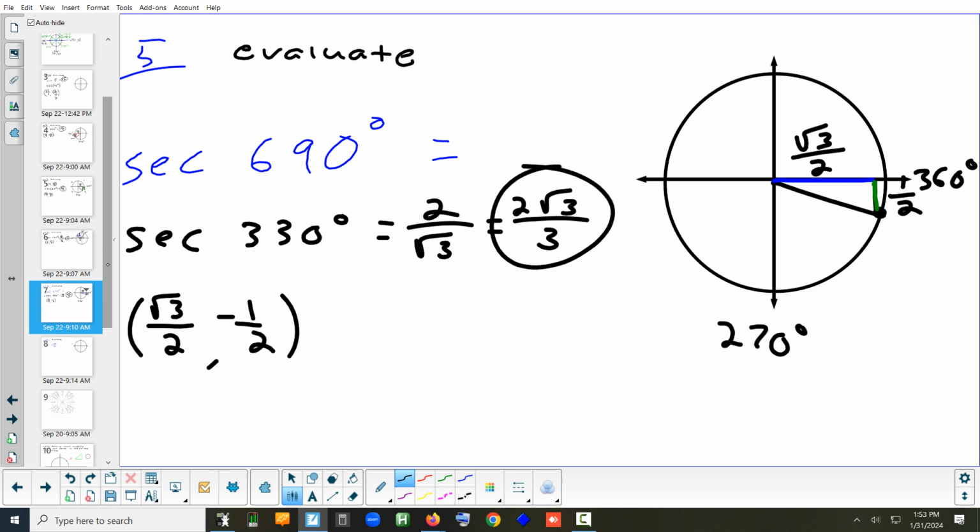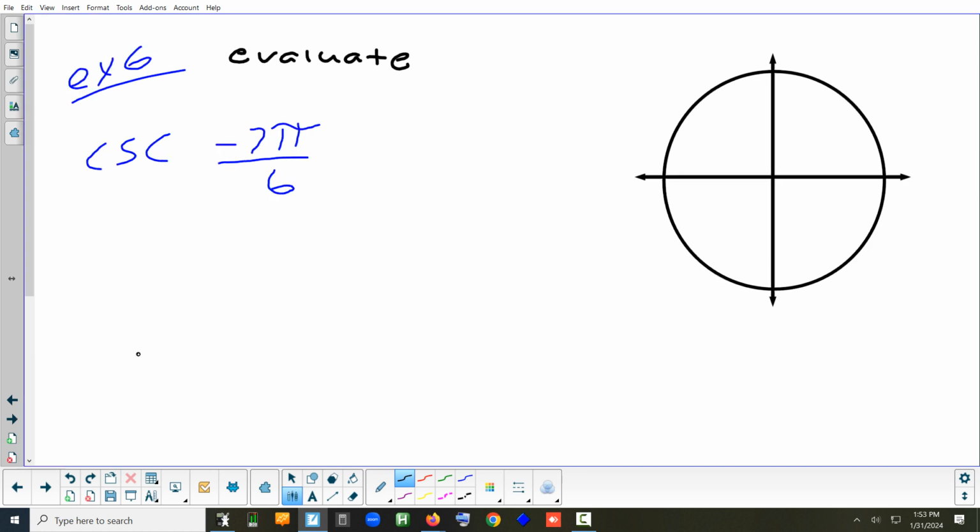All right, I guess I have one more. Try one. Let's at least get it in degrees, and then if we want to find the cosecant, we can. Let's start with this. What's pi over 6?